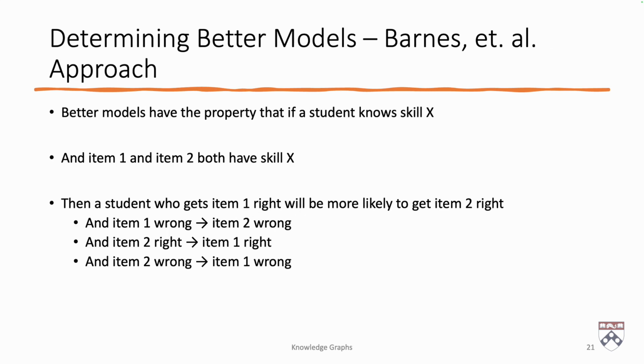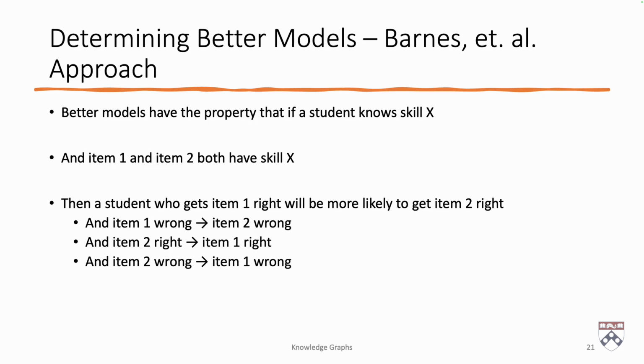Well, usually we say that a model is better if, by assumption, we say a student knows skill X, and items 1 and 2 both require skill X to succeed, then the following should be true.